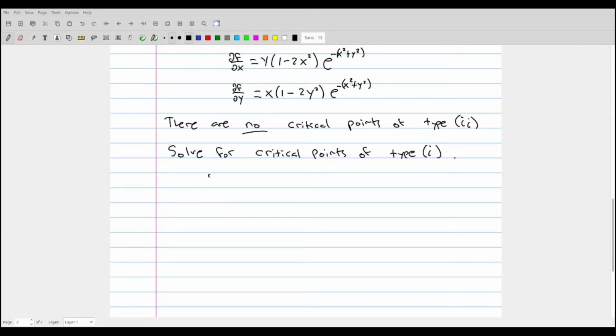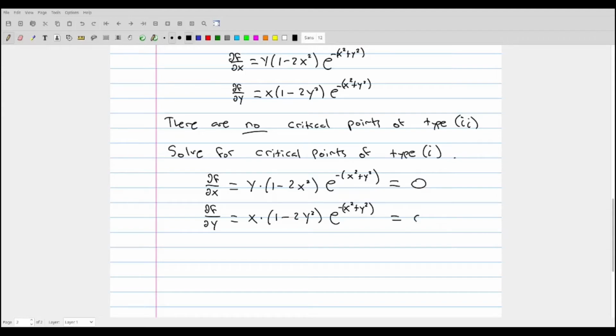So in this case, we have to set the x partial derivative, which is y times 1 minus 2x squared times e to the negative x squared plus y squared, equal to 0 at a critical point of type 1. And we also have to set the y partial derivative equal to 0, which amounts to x times 1 minus 2y squared times e to the negative x squared plus y squared equal to 0.